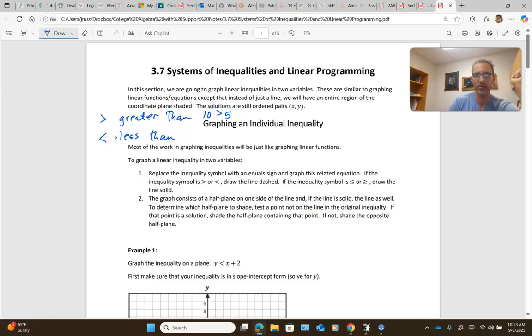Or an example using the less than symbol, we could say that 5 is less than 10. These are true statements. Both are utilizing inequality symbols.